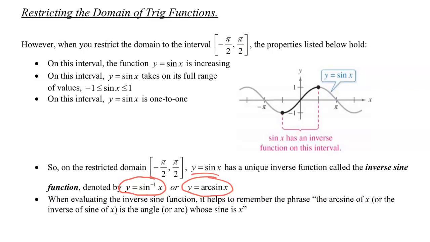And so what I mean by that, just as a very basic example here, if I have sine inverse of the square root of 3 over 2, then the answer to that question is what angle has a sine value of square root of 3 over 2. And that's where knowing the unit circle will really be valuable to you here, because I know that sine of pi over 3 is square root of 3 over 2. And so the answer to that question would be pi over 3.